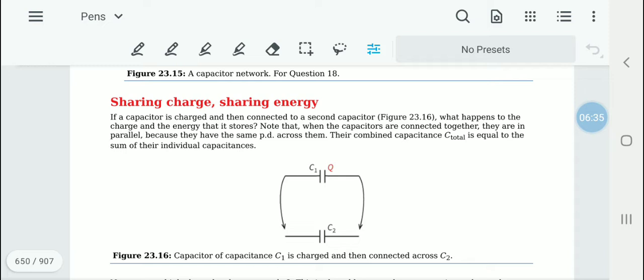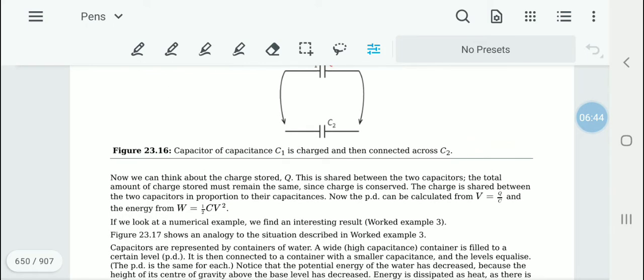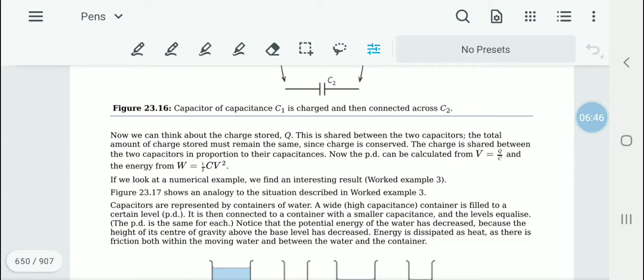Because they are in parallel, we know that their combined capacitance is going to be the sum of the individual capacitances, right? Then if we think about the charge stored, that is Q, this charge is going to be shared between the two capacitors.